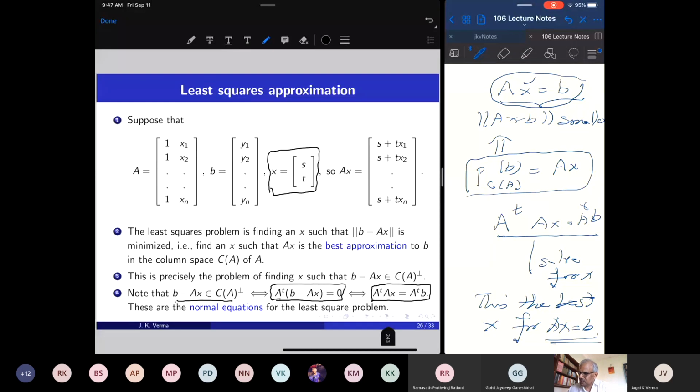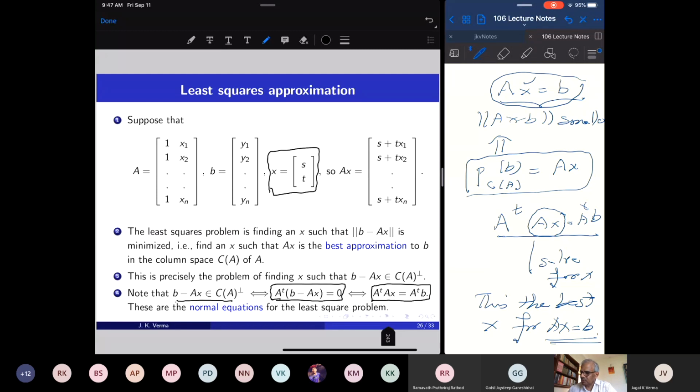So our best bet is to find a vector in the column space. Vectors in the column space are of the form Ax. Find that x so that the norm of Ax minus B is smallest. And we have seen before that this is the case if and only if I take Ax to be the orthogonal projection of B in the column space.